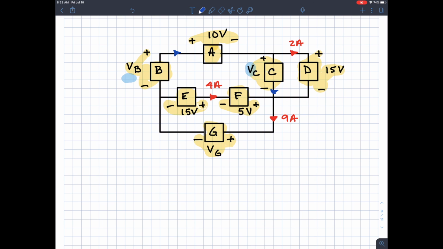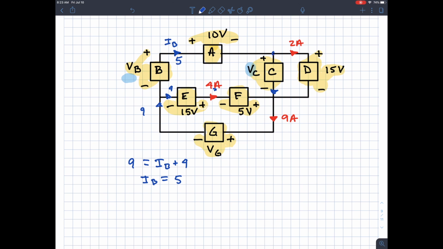All right, so if this is 9 amps coming around this way, and 4 amps leaves this way, then that leaves us 9 going in, and we'll call this IB. IB going out, and 4 going out. So we solve, we get IB is equal to 5. All right, so easy enough.